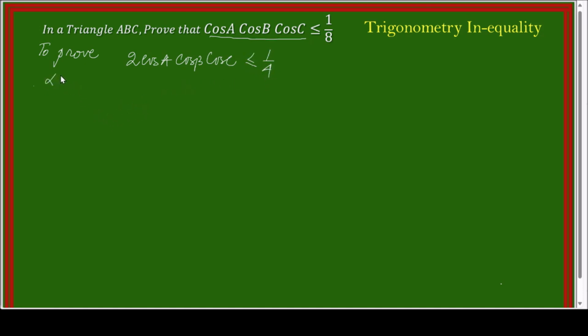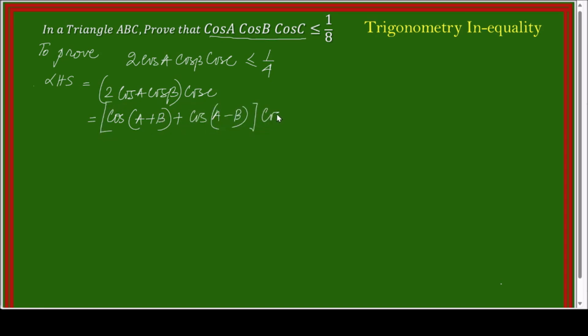So now LHS equals 2 cos A cos B cos C. Here I'll apply the formula for 2 cos A cos B. We know that this is cos (A plus B) plus cos (A minus B), which we multiply by cos C. Now A plus B plus C equals 180 degrees, since ABC is a triangle.